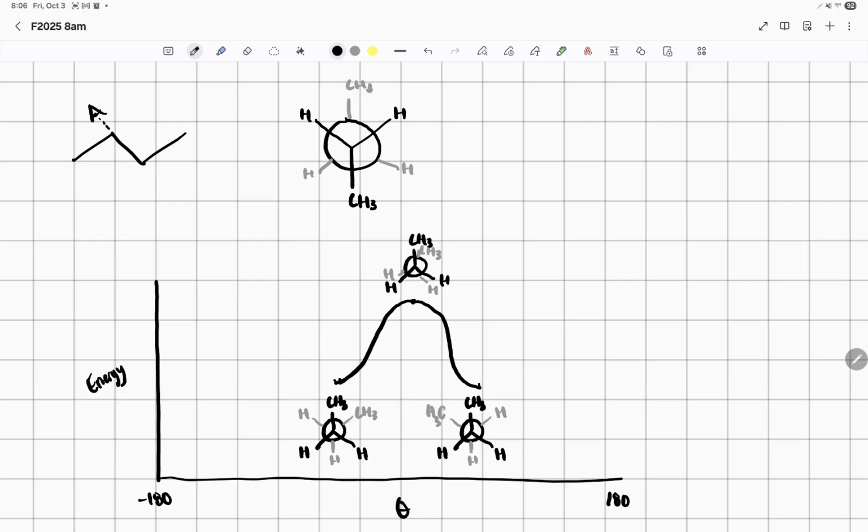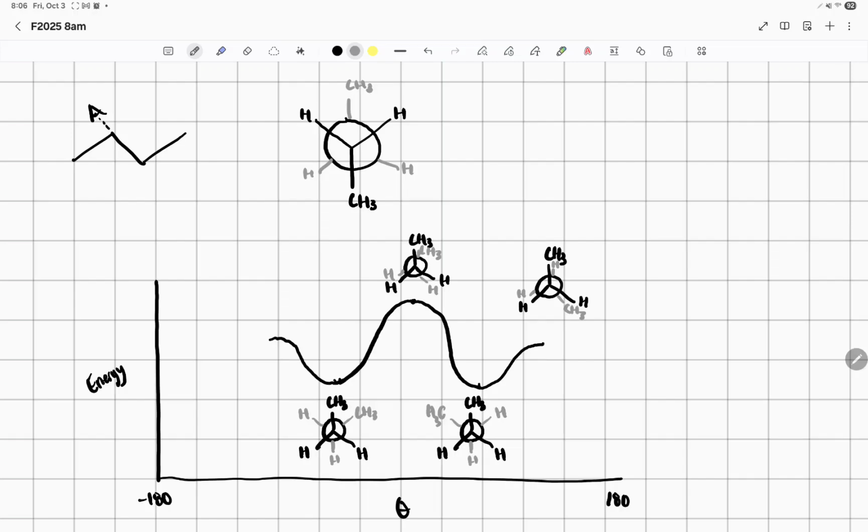Now, if we continue to rotate about this sigma bond, we're going to reach another maximum in energy. It won't be the absolute maximum, but it will be a local high point. And this local high point is going to be where we're once again fully eclipsing our steric groups. So our CH3 in the front and our hydrogens are once again eclipsing, just with something else. Instead, our CH3s are eclipsing with hydrogens.